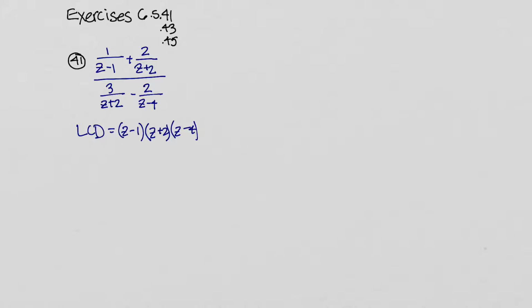We're going to put this LCD alongside each original term. So we'll put all of this right here, right here, right here, and right here. So let's do it. It's just going to be a little bit long.